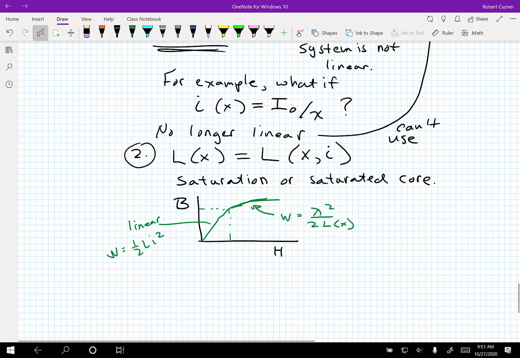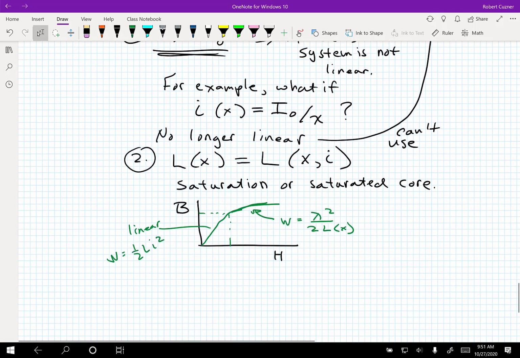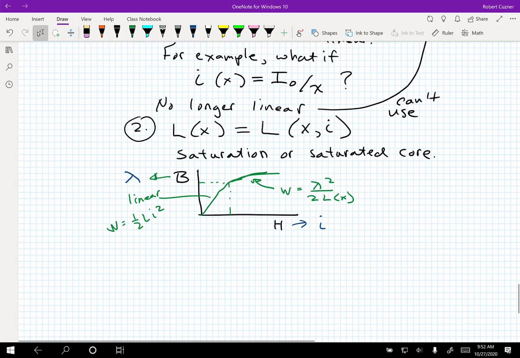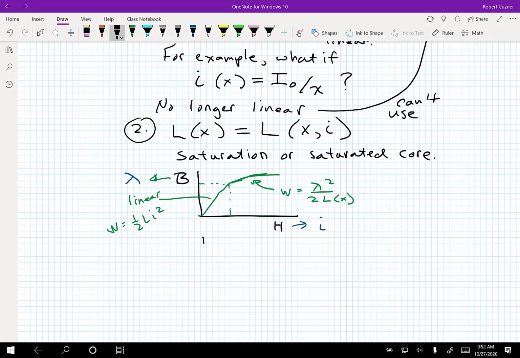And if you remember, as we went through Faraday's law, B is proportional to lambda, and H is proportional to a current. So we could rewrite, and we're going to start thinking about these BH curves like this, as a lambda I curve.